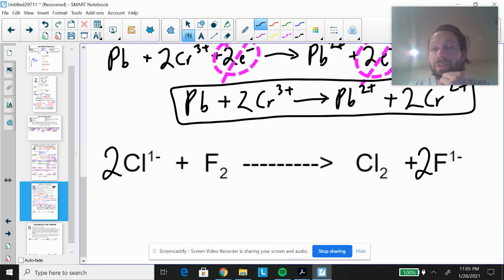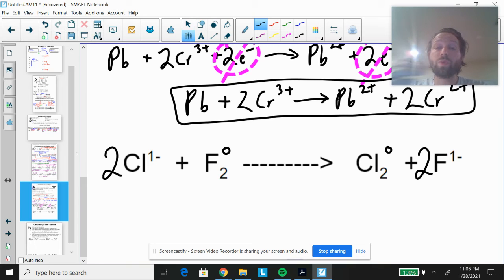What this is going to do is change the reduction and oxidation half reactions. Let's see. So again, for the oxidation, we'll use red. And oxidation is where we're losing electrons. So just to fill this out, these are 0 charges because they're elements by themselves.